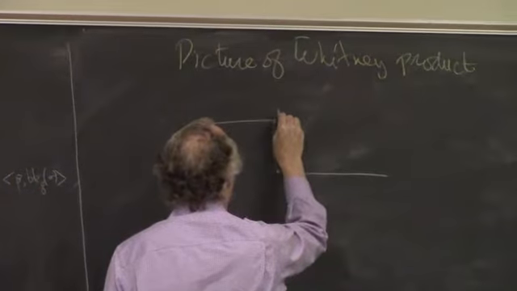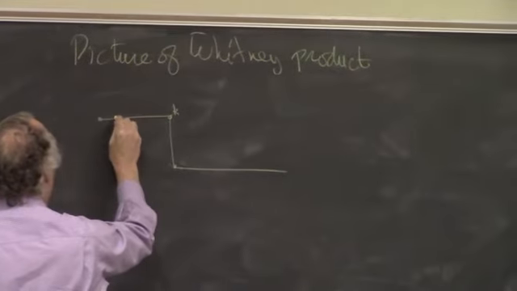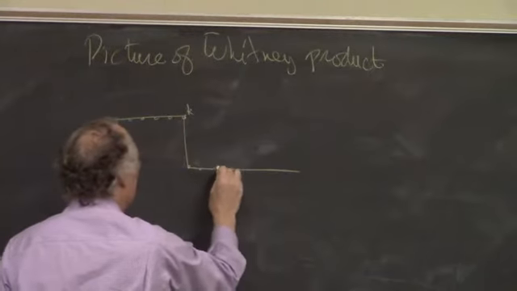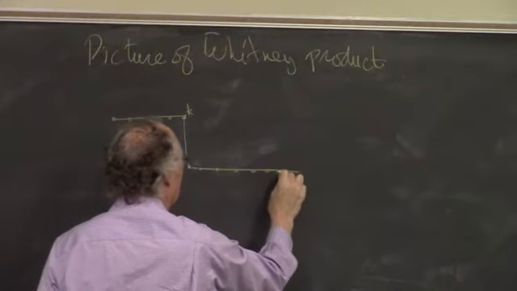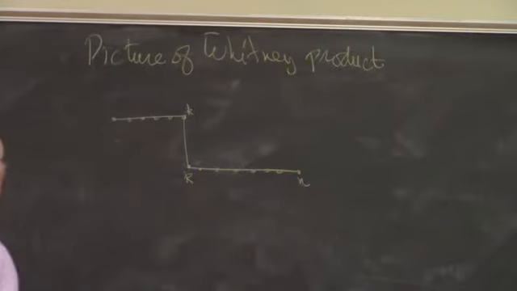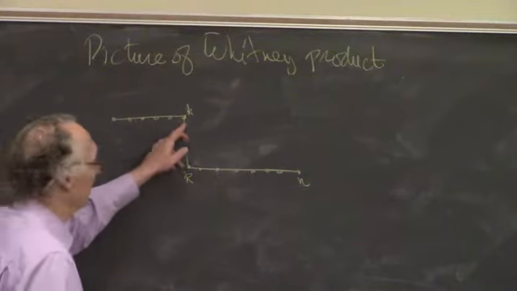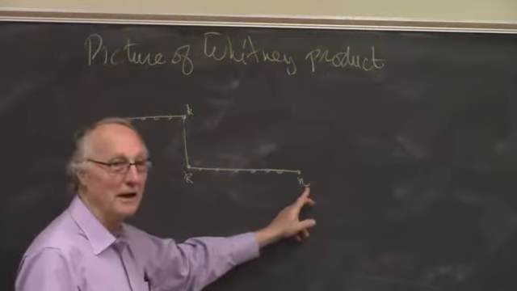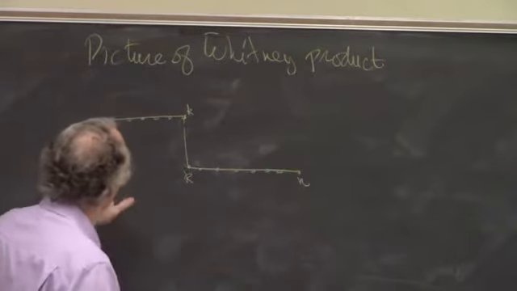So this is a sum over k. I'm imagining these are the vertices of the simplex of dimension n, let's say. And so these are the vertices 0, 1 up to k, and these are the vertices k up to n.